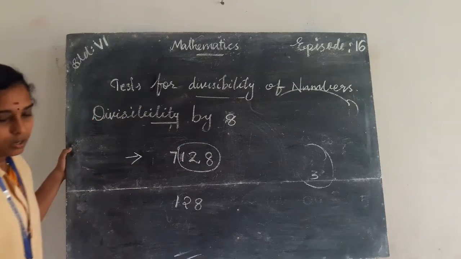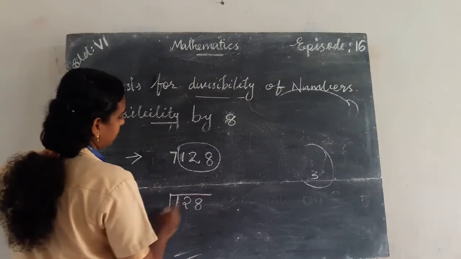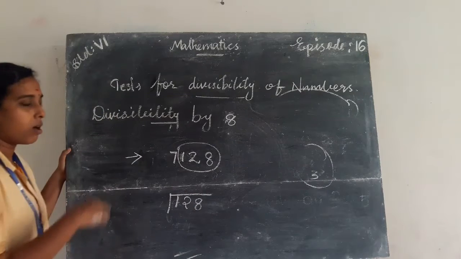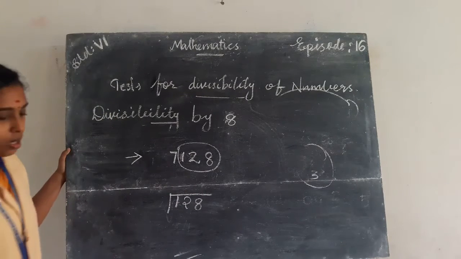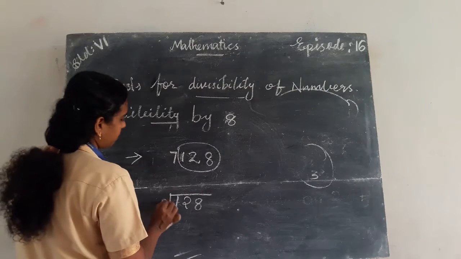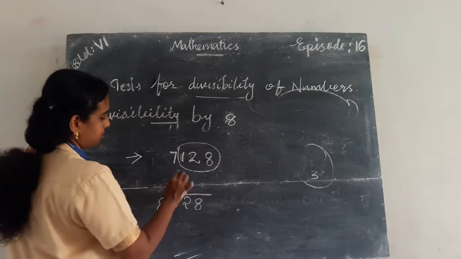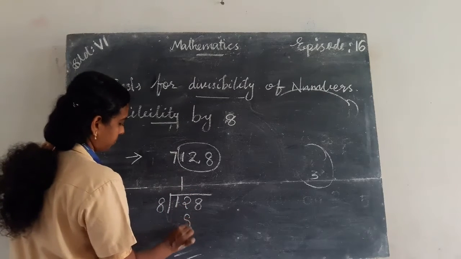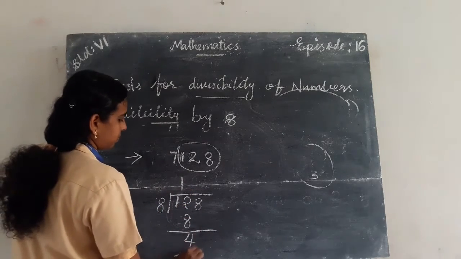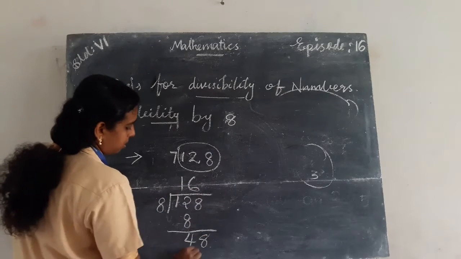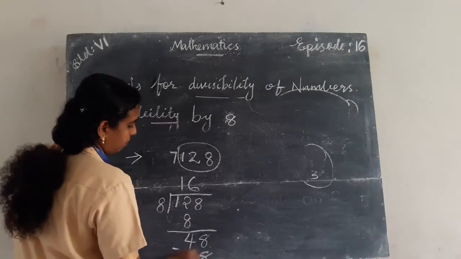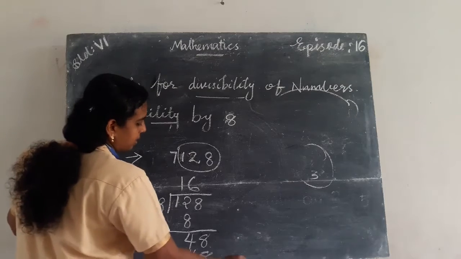If 128 is divisible by 8, then the whole number is divisible by 8. So, 128 divided by 8: 6 eights are 48, 48 minus 48, we get 0.